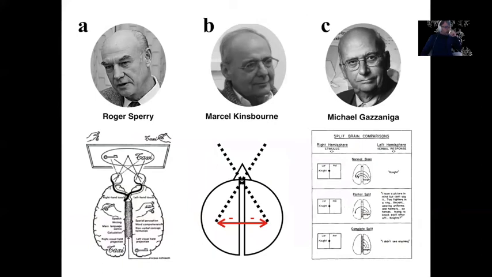And that brought us to the question: in the end, what is the model of the functioning of the brain in terms of the way you can distribute information between the two hemispheres?